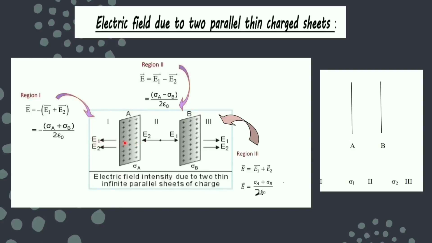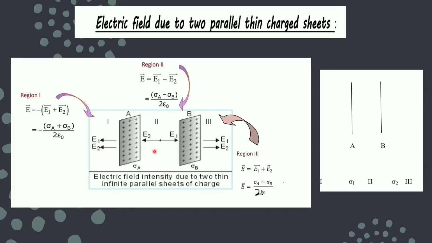For this first sheet A, you may assume sigma A as the surface charge density, or you may take it as sigma 1, choice is yours. Here for the second sheet, B, I may write it as sigma B, or I may write it as sigma 2. So whatever way is convenient to you, you can write the things.